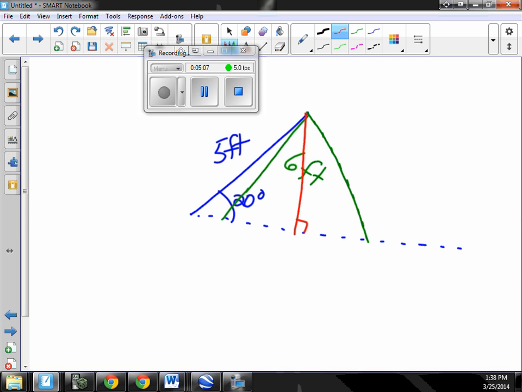So if there are two versions, this particular triangle is referred to as the ambiguous case, where you have enough information to narrow it down to two triangles. Whenever that happens, it's called the ambiguous case.